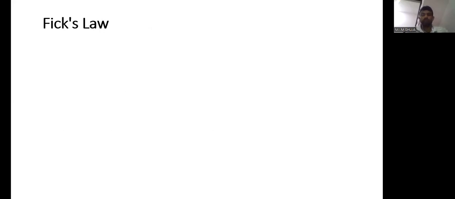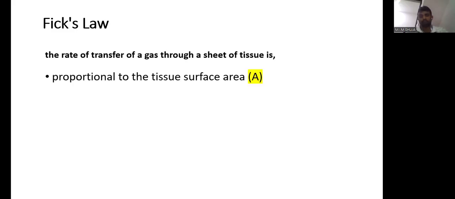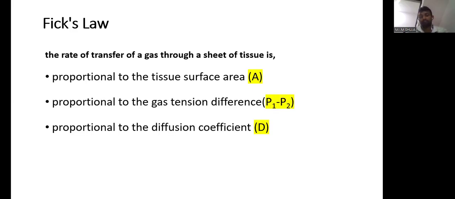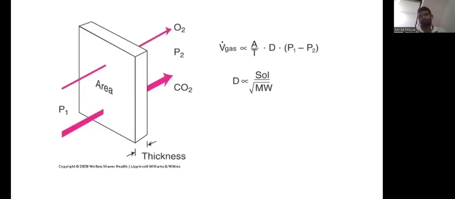From these determinants, we find there's a relationship between the transfer of gases through a sheet of tissue. The rate of transfer is proportional to the surface area and to the gas tension difference, and also proportional to the diffusion coefficient, and inversely proportional to the tissue thickness.